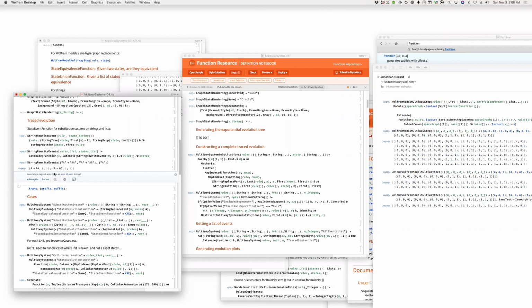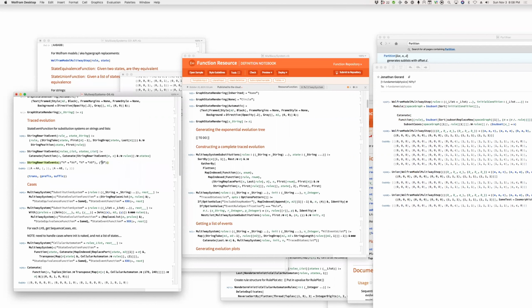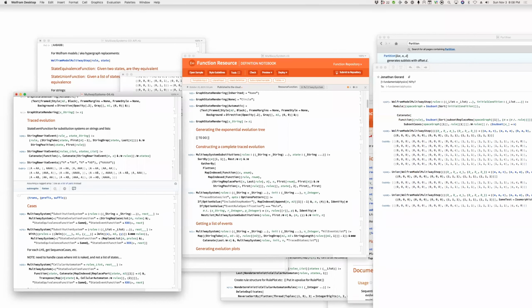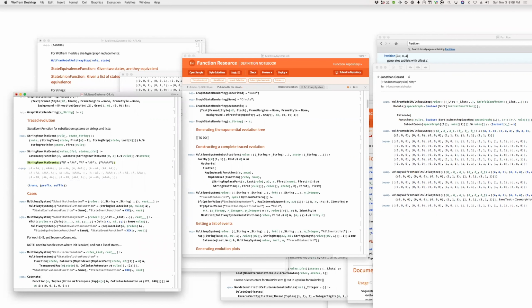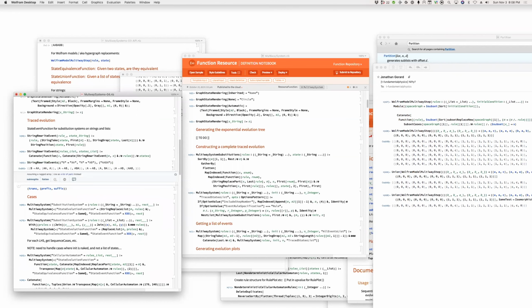String position. Oh, no, no. It's correct, because there's nothing left. Yep, there we go. All right, let's go. So B goes to AA, and what's left over is AA and A. Yeah, this looks right.